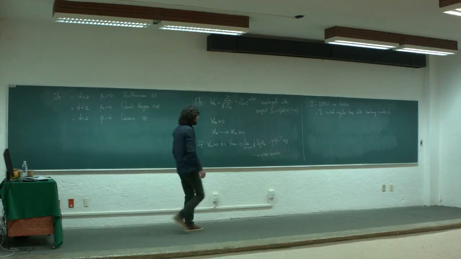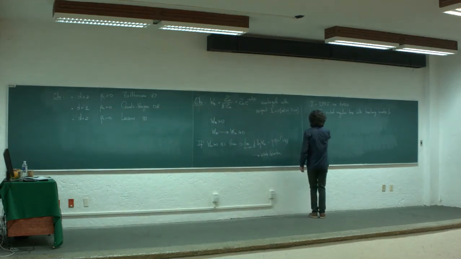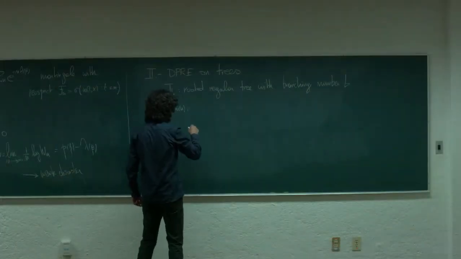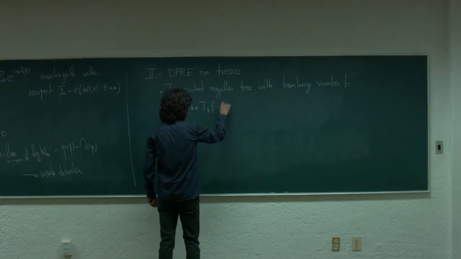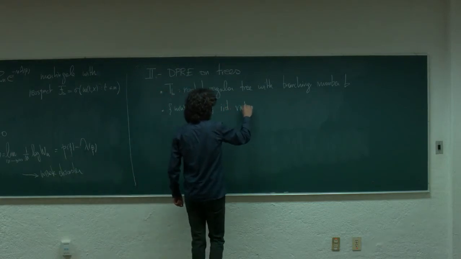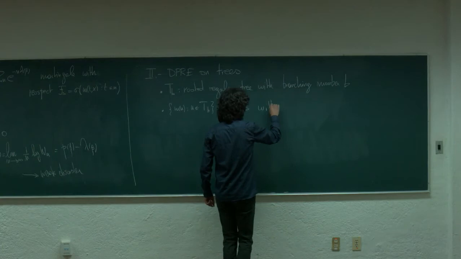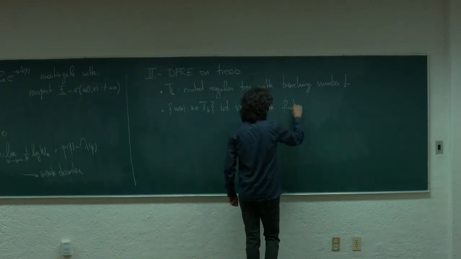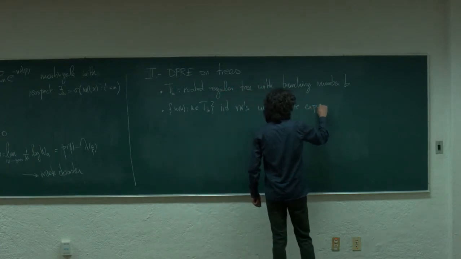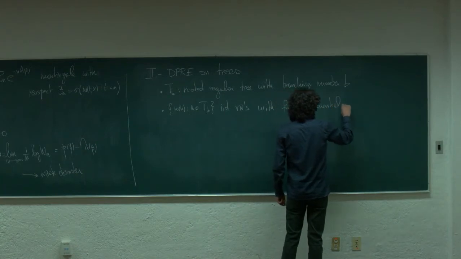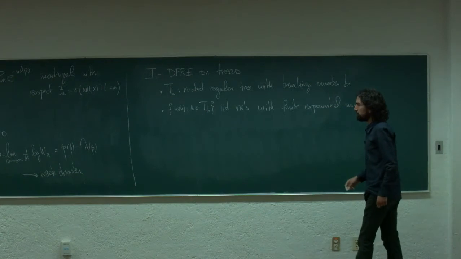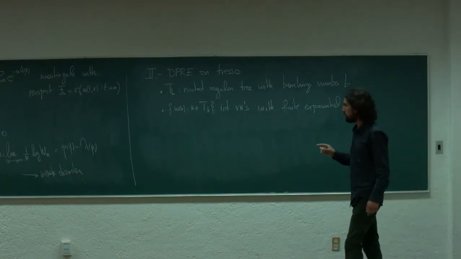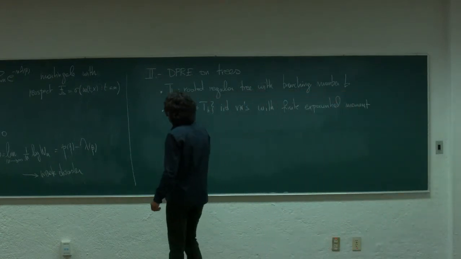Okay, so the environment now is an IID family of random variables indexed by the size of this tree, again with a finite exponential moment. And now the set of paths will just be paths that go away from the root.